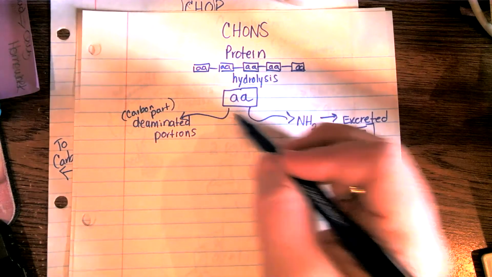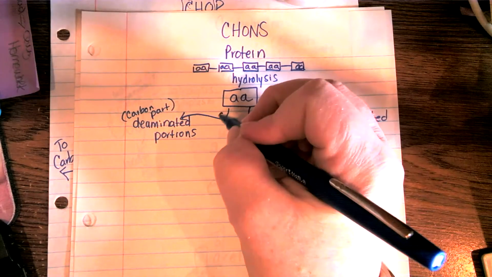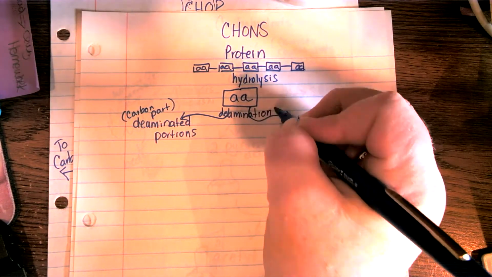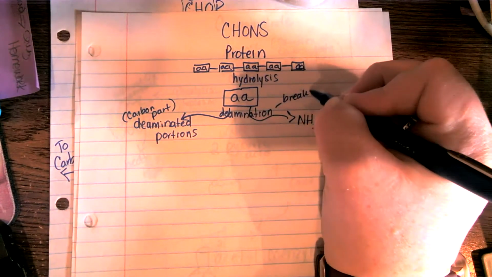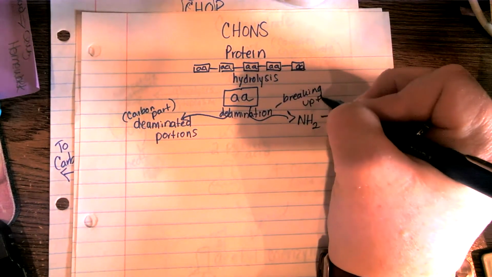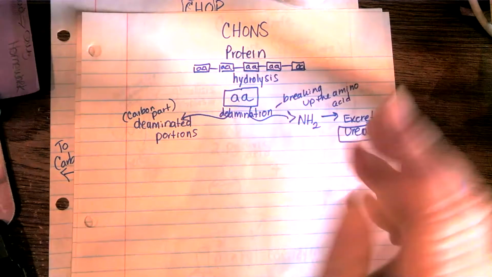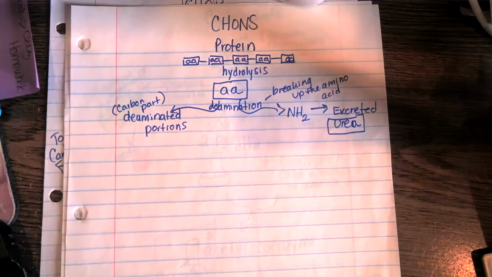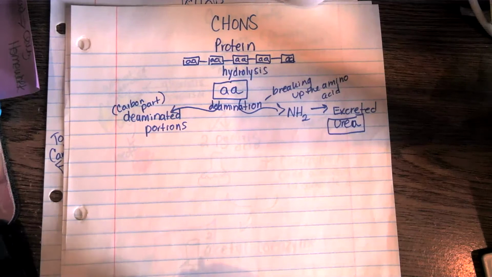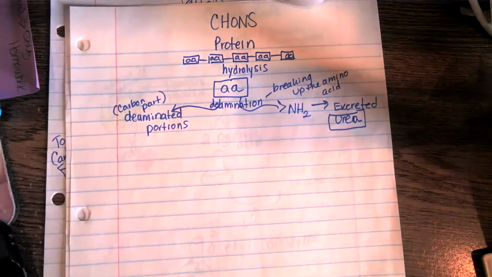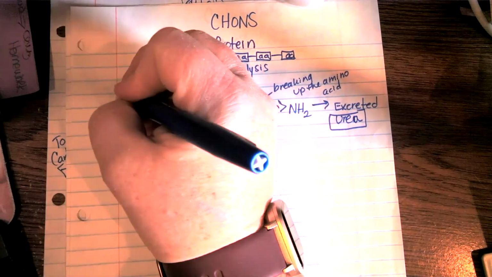So to break up that amino acid, we call this process deamination, which means breaking up the amino acid. So it's a type of digestion. Just like we had beta oxidation, here we have deamination. So it's going to take a process to get these pieces. The carboxyl group is going to have some carbons, oxygen, hydrogen.